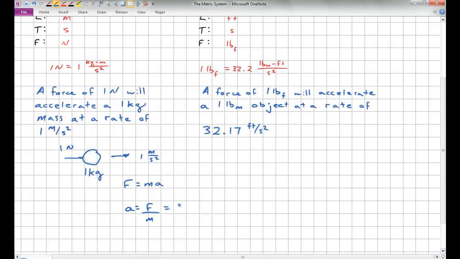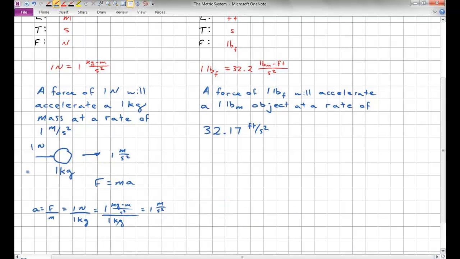If we've got a force of 1 Newton and a mass of 1 kilogram, using this definition in the metric system, we can break newtons out into kilogram meters per second squared. So we've got 1 kilogram meter per second squared, and in the denominator we've got 1 kilogram. Doing the math, the kilograms fall out, and we're left with 1 meter per second squared.